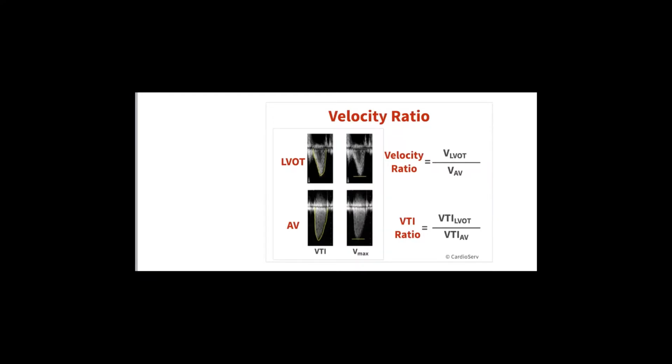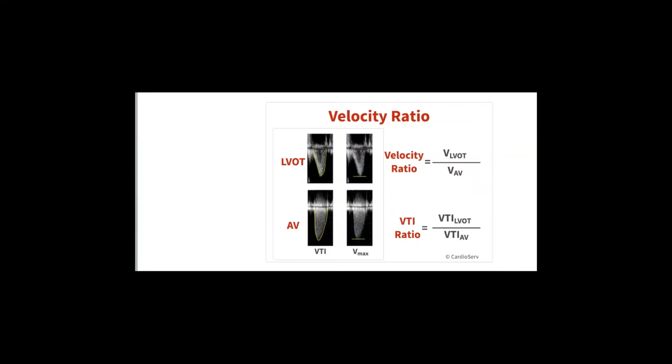What is severe aortic stenosis based on the velocity ratio? What defines severe AS based on velocity ratio? 25%. Yes, 0.25, equal to or lower than 0.25. What's the meaning of this? The meaning of this is that the aortic valve is significantly or severely stenotic if its velocity is 4 times the velocity of the LVOT.